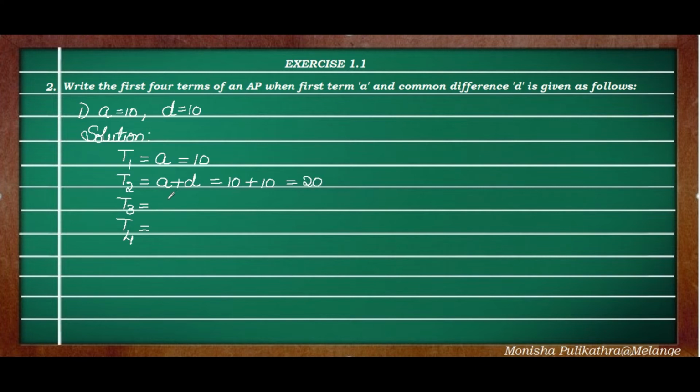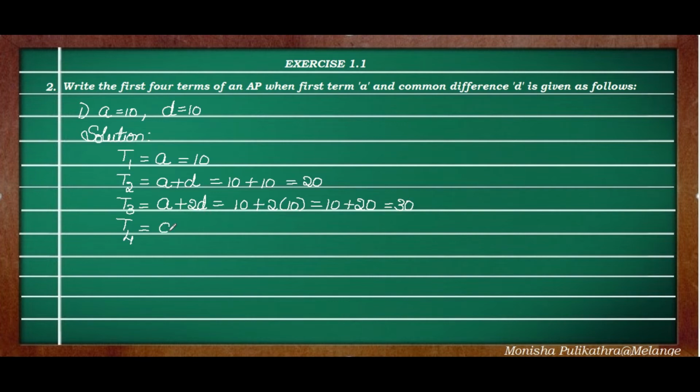20. So next, T3 is equal to A plus 2D. Here A is 10 plus 2 into D is also 10. Therefore, 10 plus 20, that is equal to 30.